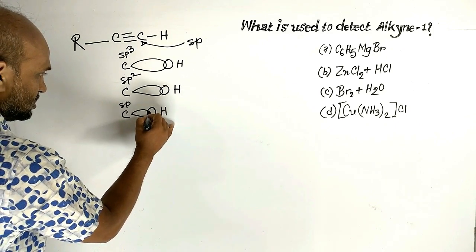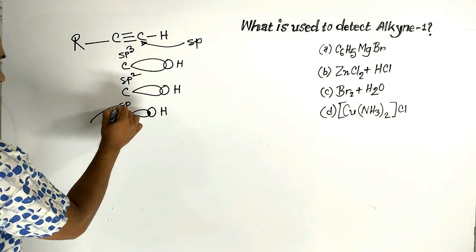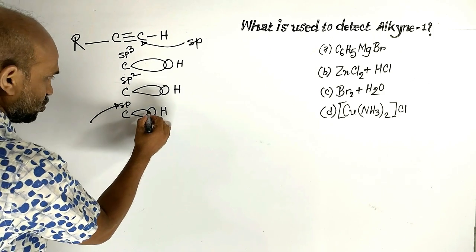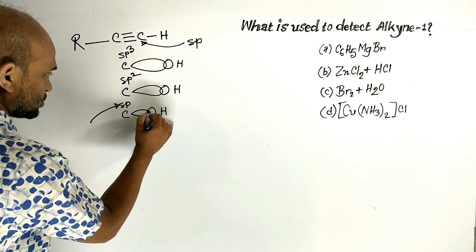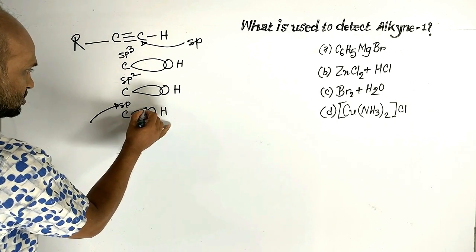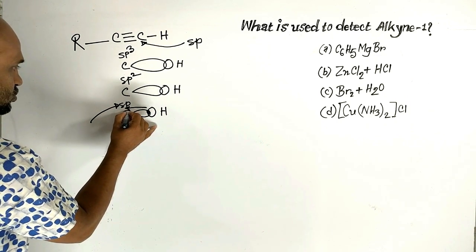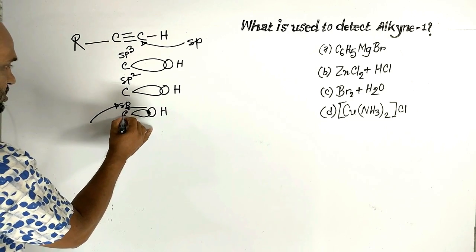That is, in case of sp hybridization, the covalently bonded electrons remain closer to the carbon nucleus.